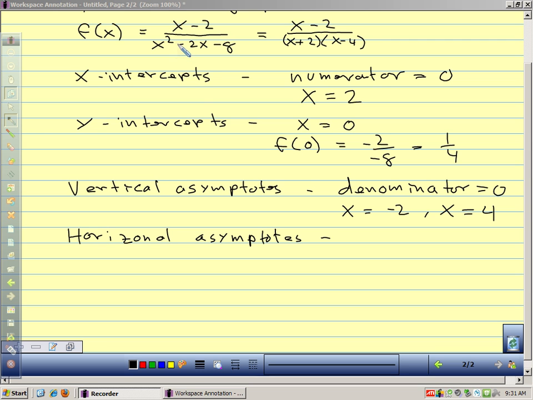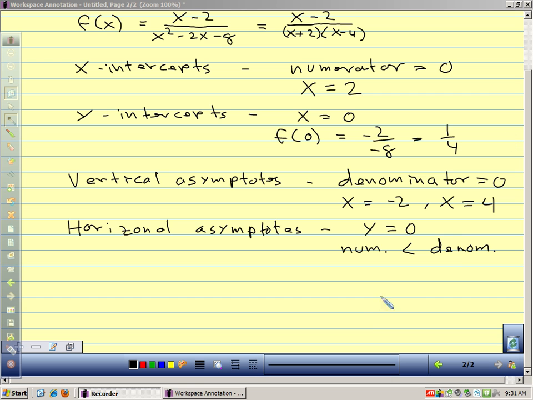Nobody remembers? If the degree of the numerator is smaller, y equals 0 is our horizontal asymptote. So the degree of the numerator is less than the degree of the denominator, and our horizontal asymptote is at y equals 0.